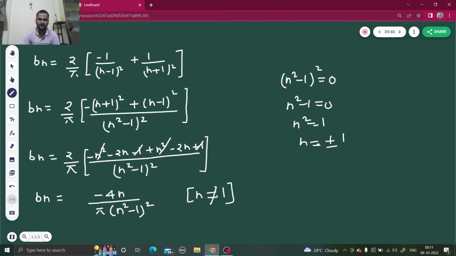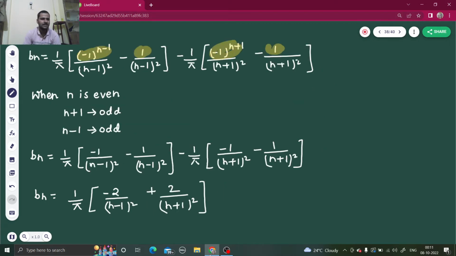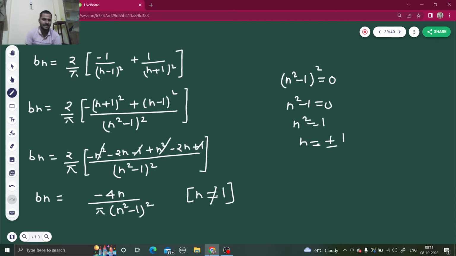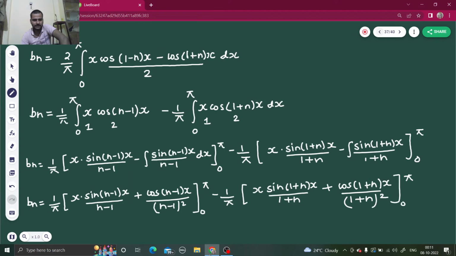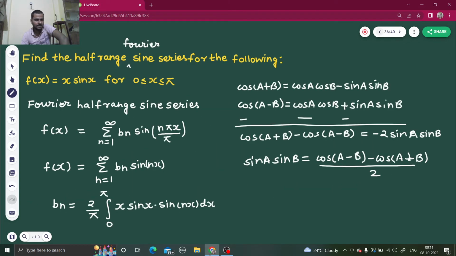Because we defined this case for n equals even, so we should not take n equals 1 anyway in this particular case. Okay, let's check what happens for b1 separately.